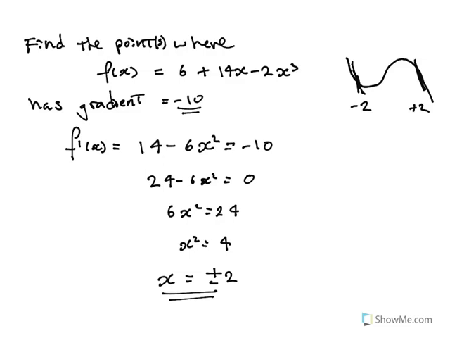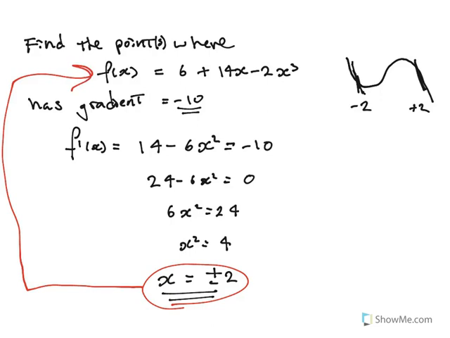But we're asked to find the points. All we've got so far is the x values, 2 and negative 2, but we have to find the y values that go with them. We get them by replacing these two numbers back into the original function. I have to find f of 2 and f of negative 2. So f of 2 is 6 plus 28 minus 16, which is 18.